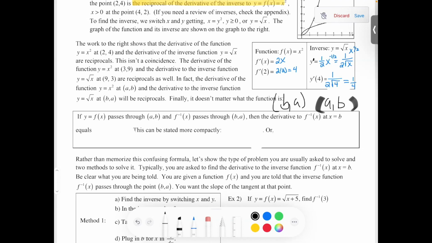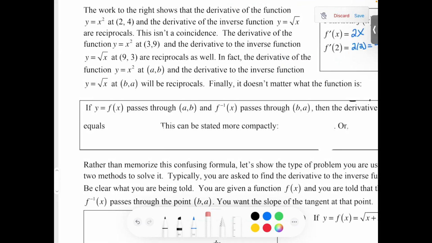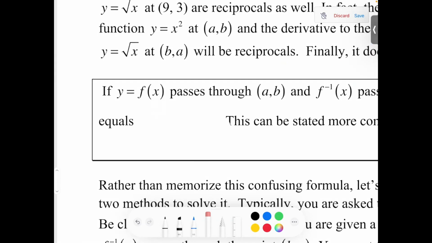For the inverse, we're looking at B, A, and for the original function, we're looking at A, B. This is equal to 1 over f prime of x, but here we're taking this at x equals a. So 1 over f prime of x at x equals a.